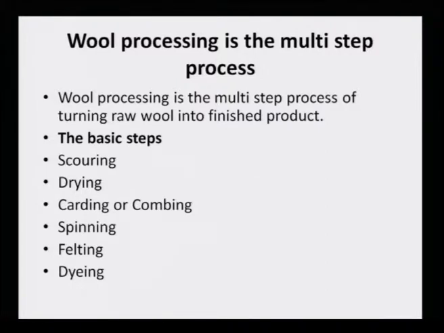So, you see that in the case of cotton, we were only looking at desizing, scouring, bleaching, and that is it. And then of course, the modern treatment, if we are using natural dyes, or it could be other dyes where other kind of pre-treatment may or may not be required.